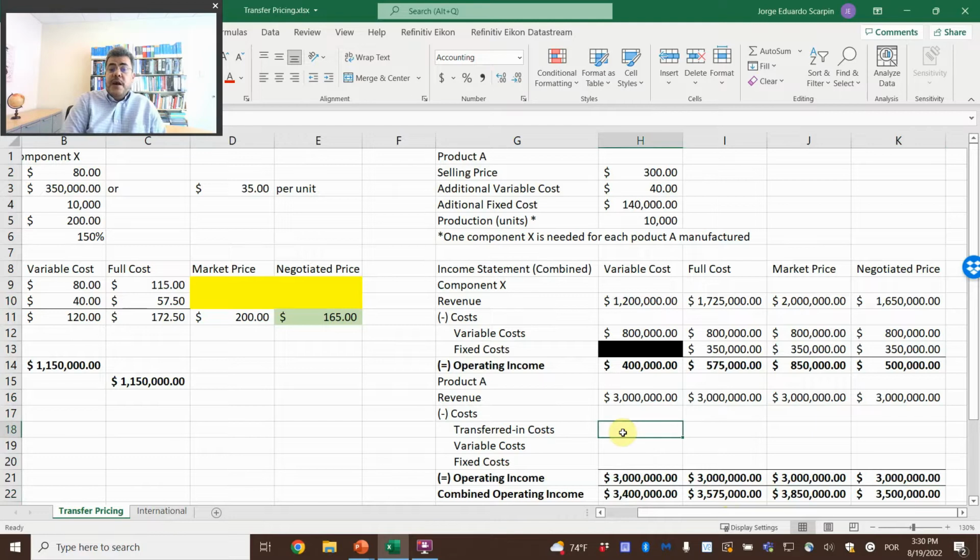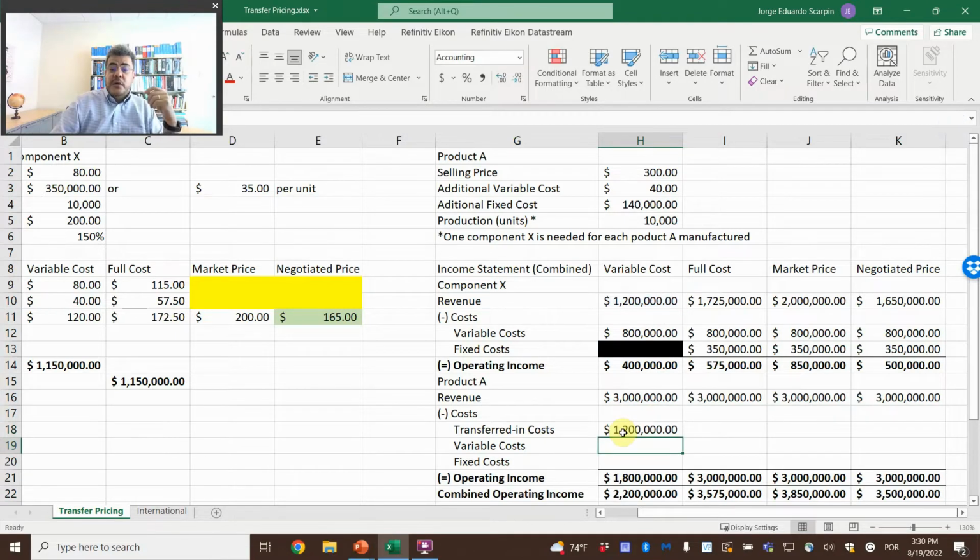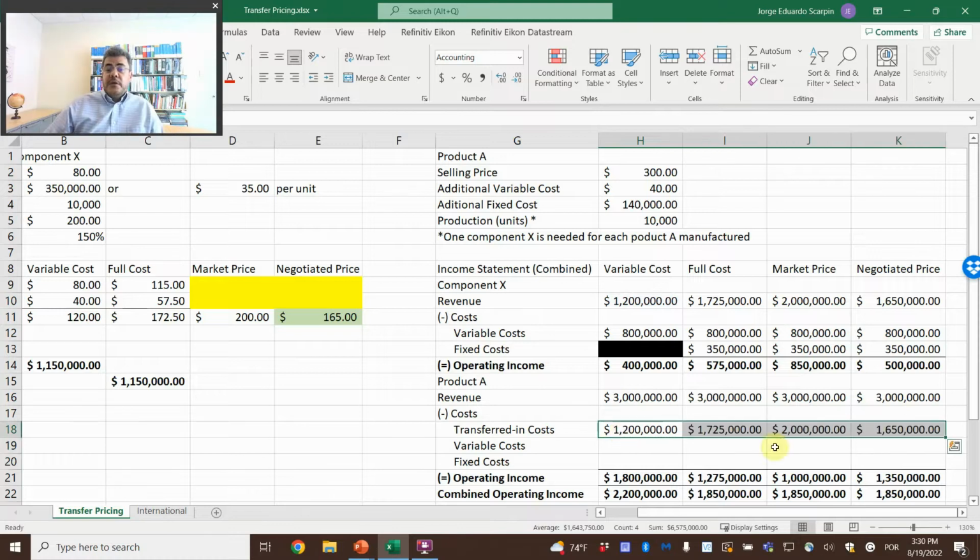How much will be our costs? Our cost will be transferred in. Cost is the revenue of the component X. So here we are, because remember, what is revenue for the seller is the cost of goods sold for the buyer. So here, 1.2, let's copy and paste here.